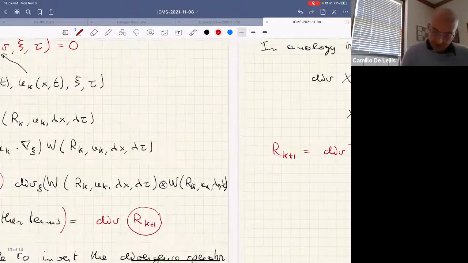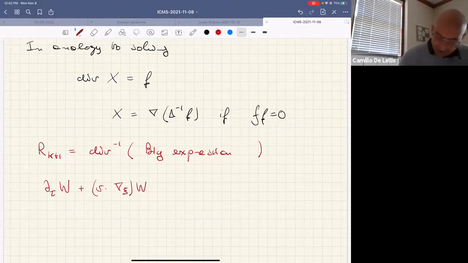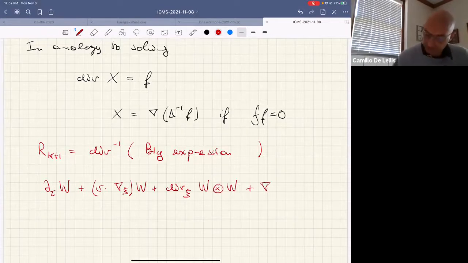So what I want to do is solve a PDE, which is the tau of my function big W plus v dot grad psi of my function big W plus divergence psi of my function W tensor W plus gradient psi of P is equal to 0.